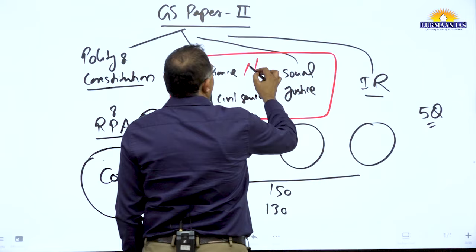If you have 250 marks, this can be 150, this can be 100, or it is 120 and 130, this way it can be. People largely know this paper by polity and constitution. We say polity in shorter form. So that is how the classification is.